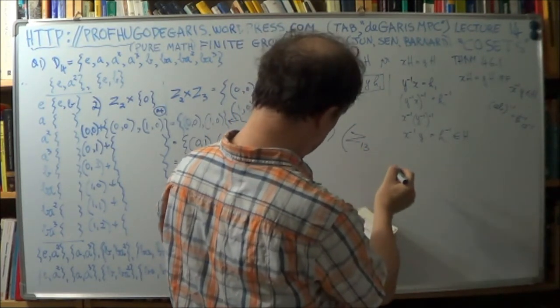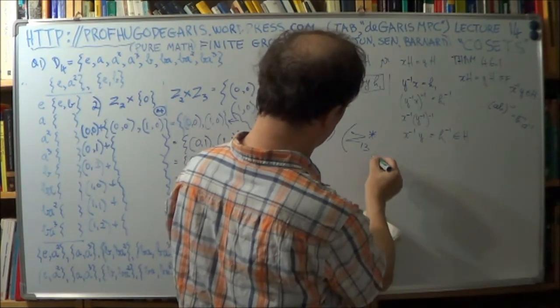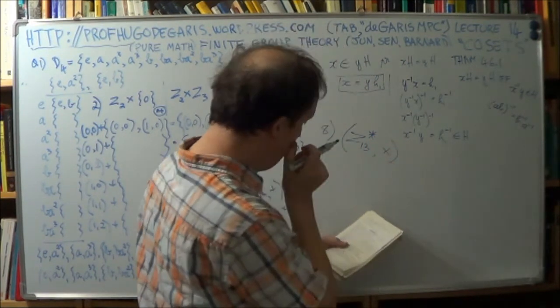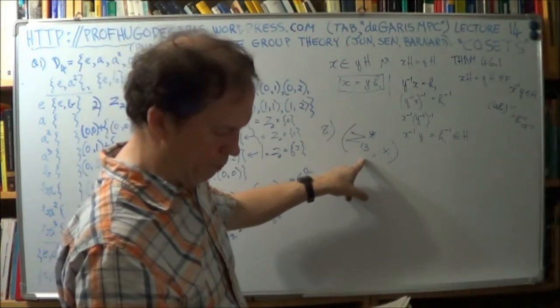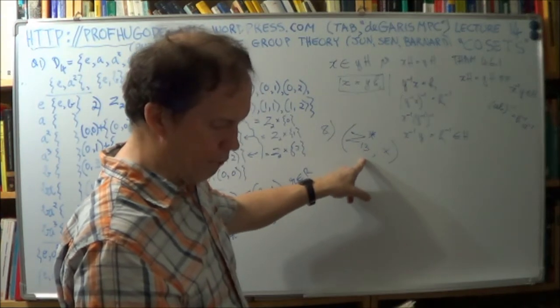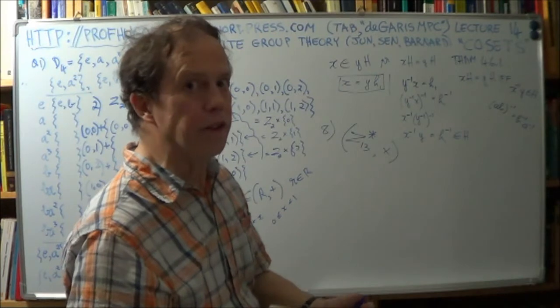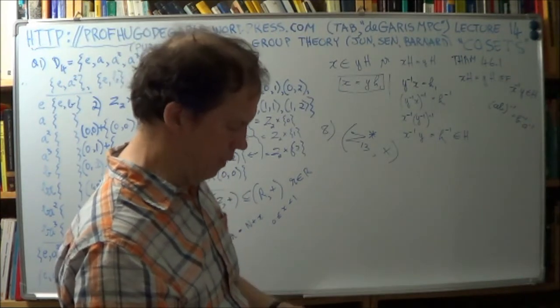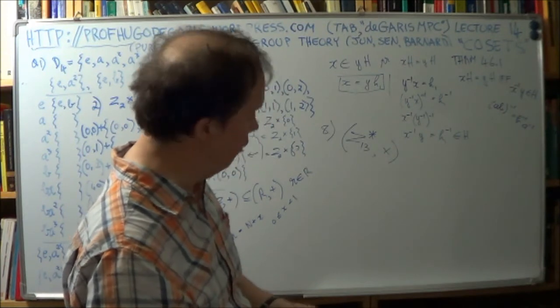So you've got Z13, the non-zero elements of it. The binary operation is multiply. And so you have to show that this is a cyclic group by finding a generator. Okay, a generator. So just one would be enough. There might be more than one, but if we can just find one generator.